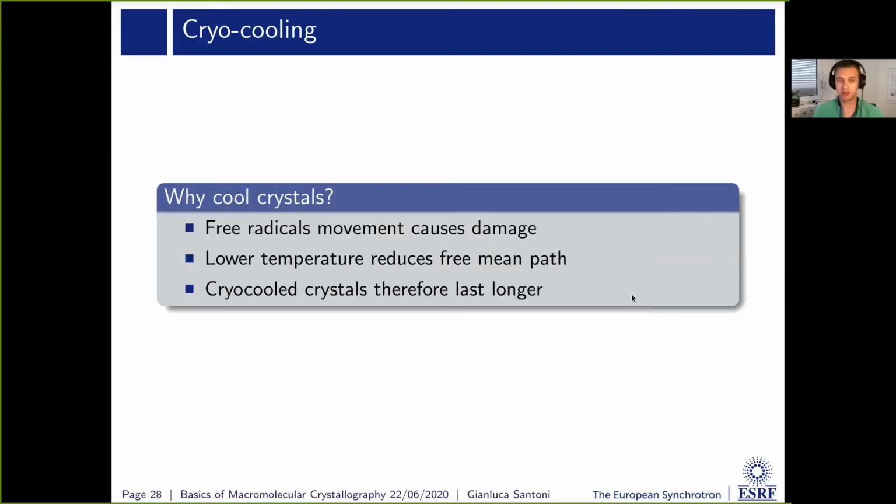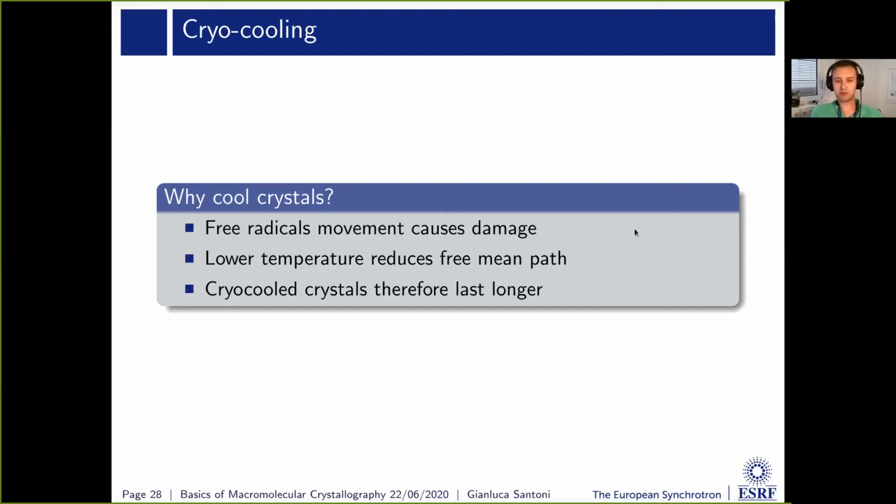Or we can use cryocooling. Cryocooling, as I said, has been the method of choice for the last 30 years because it's very easy to collect data. And people realized very quickly that a crystal would have a lifespan which is about 100 to 1,000 times longer compared to room temperature when it's cooled down to cryogenic temperatures. By this, I mean the temperature of liquid nitrogen, which is obviously 77 Kelvin.